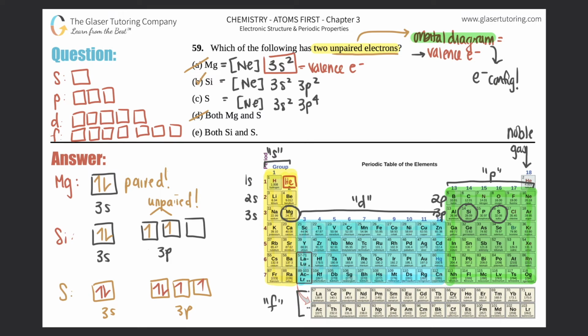How many unpaired electrons are here? These are unpaired, and there are 2 unpaired. So this also classifies as 2 unpaired valence electrons. This checks out as well, which means the answer has to be both silicon and sulfur. Just know for this question, there are many different atoms that have 2 unpaired, 3 unpaired, 4 unpaired electrons, and so forth. You have to draw the orbital diagrams to see which ones they are.